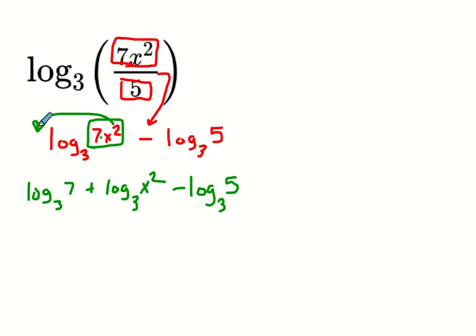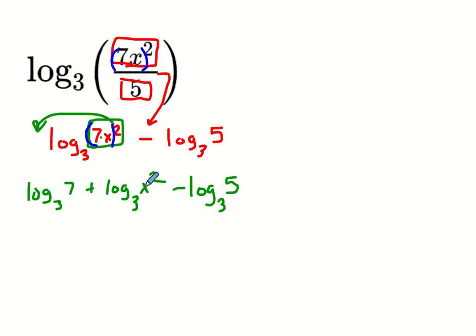We could move the 2 out front if this whole thing, so let me use a different color here, if it was like 7x all squared, so like if this was in parentheses up here, okay, then we could move the 2 up front. So we can only move the exponent up front when the exponent applies to everything in the argument. So if we look at our next line here, that is actually the case here.